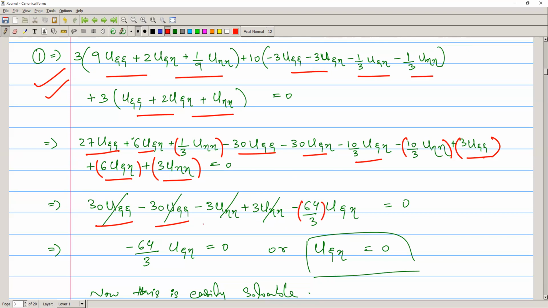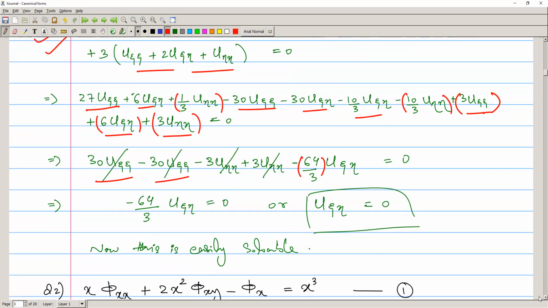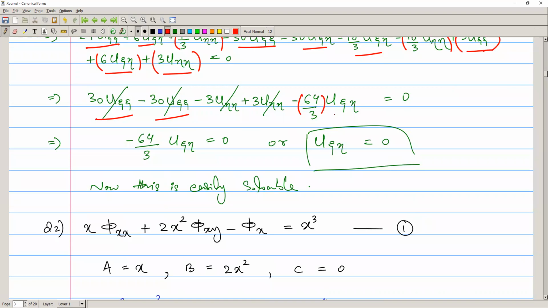So all of this cancels out, only we are left with negative 64 over 3 times u psi eta. So we are left with only this part, right? So we can move this 64 over 3 to the right side, it will be 0. So we found the final form, that is the canonical form for this equation, that is u psi eta equals 0.